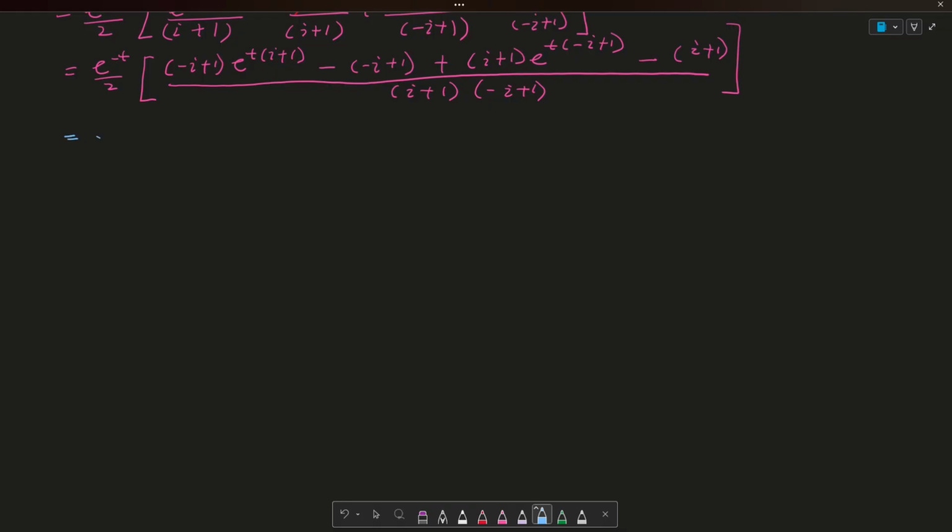So then this is equated to e to the minus t over 2. Let me go ahead and separate this term and this term.